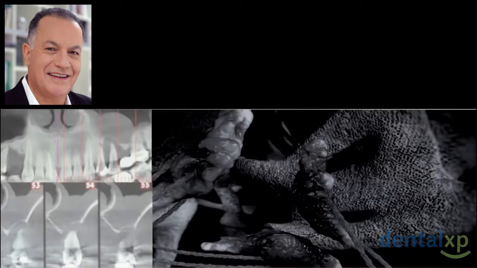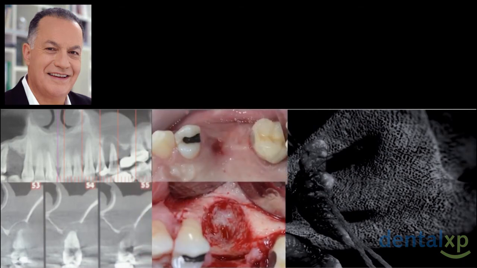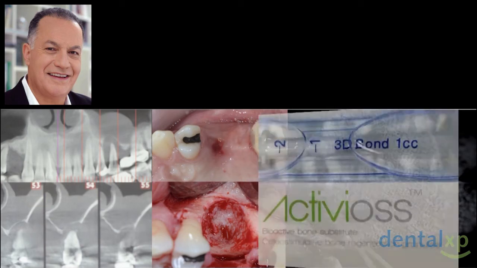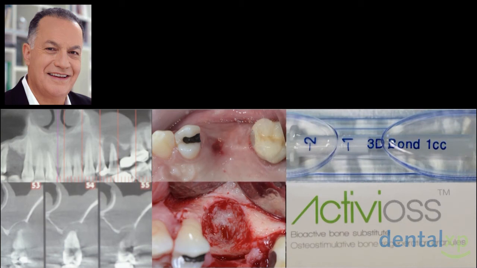So, in this way, the mixing of the bicalcium sulfate with the bioactive glass could improve our results. We tried, and I would like to show this nice case in which, on one side, we use just bicalcium sulfate, and on the left side, we use the composite graft. We had to remove teeth and to make what we call a socket preservation.